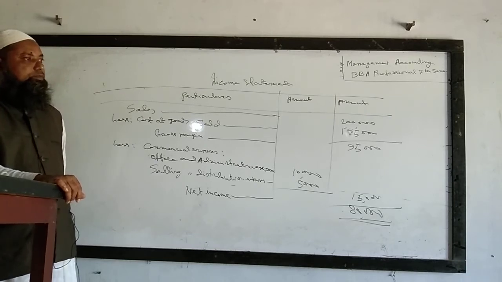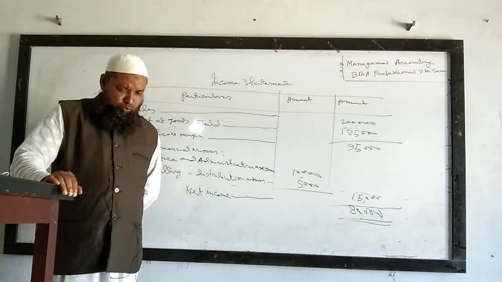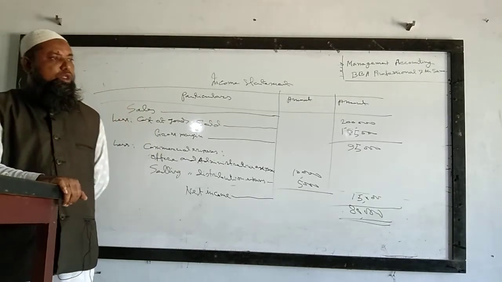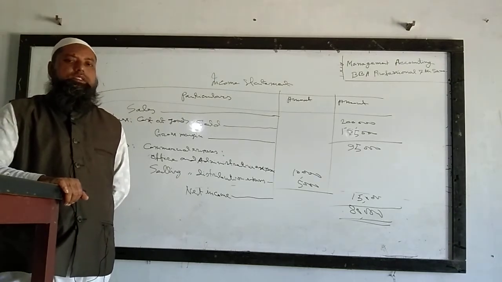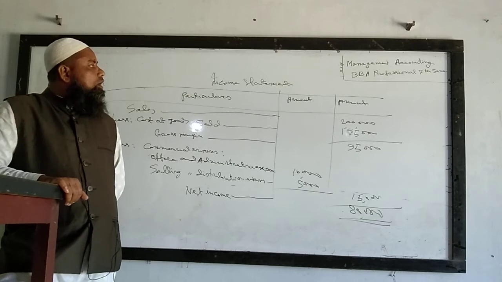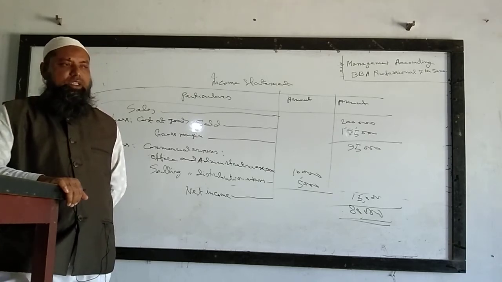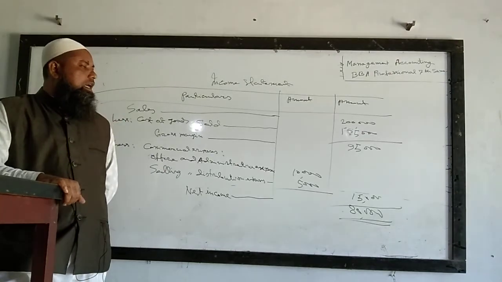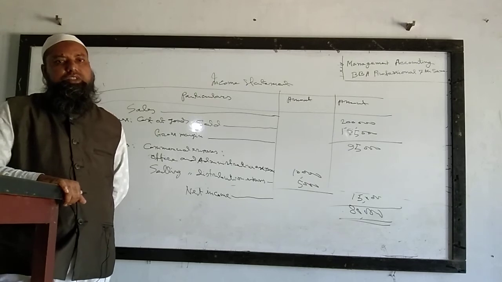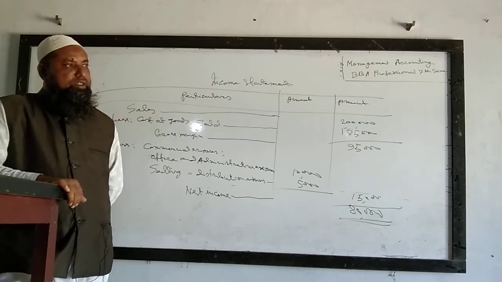In today's lesson we are able to understand about inventory, all types of inventory in the manufacturing firm, and how to prepare a cost of goods sold statement and how to prepare income statement.